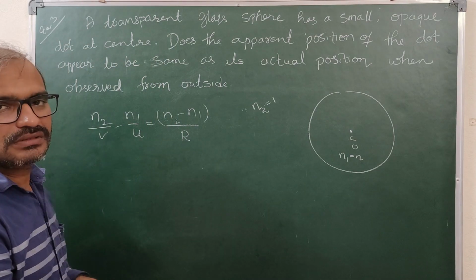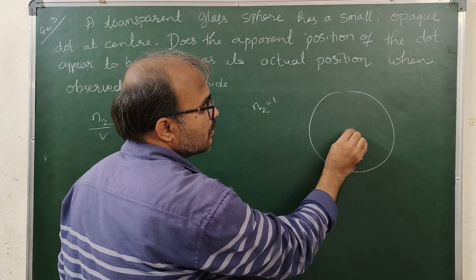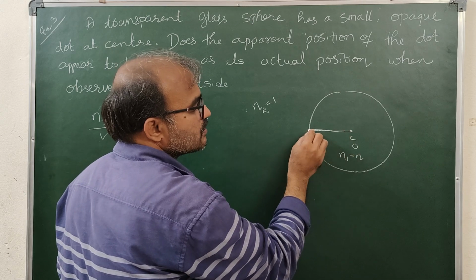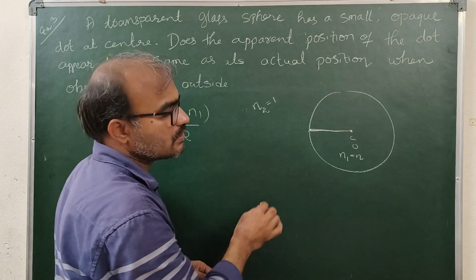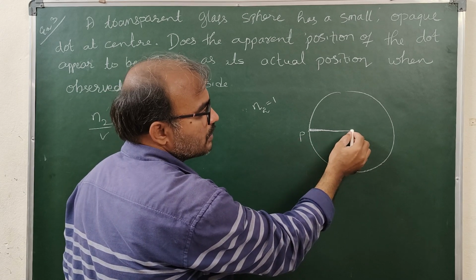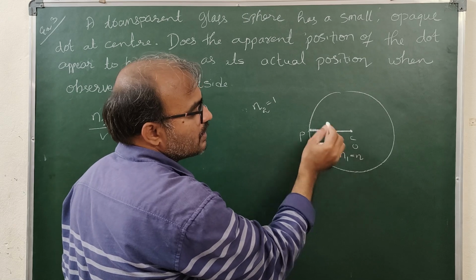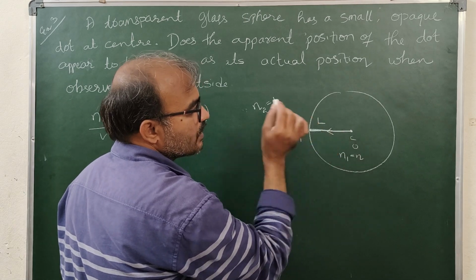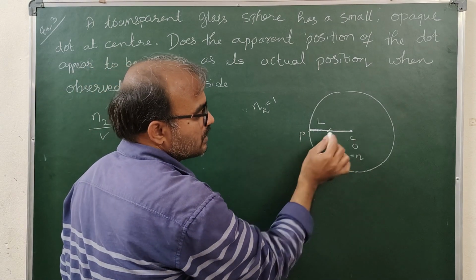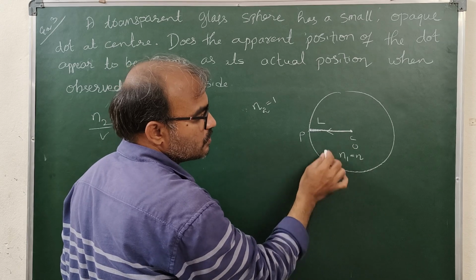And the object distance. As C is the object, let us draw one ray to the surface. We have to measure distances always from the pole, right? So from the object take a ray towards the pole. The direction of the incident ray is towards left, right? And now for the measurement of the object distance PO, we have to start from P and go to O. It is towards right.